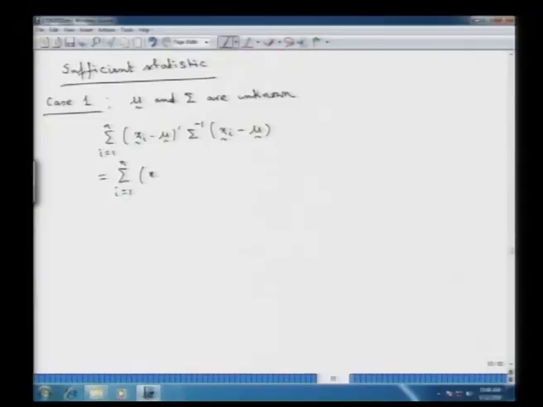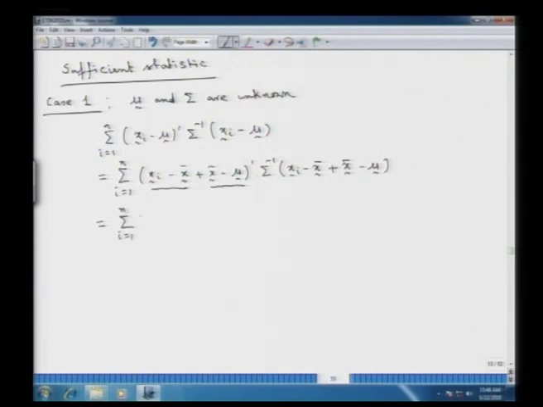So we introduce this x bar vector, which is the sample mean vector, in the following way: (xi minus x bar), and the same adjustment in the second term as well. Now we split it into two terms, one term here and a second term here, and then take sigma inverse, multiplying term by term.